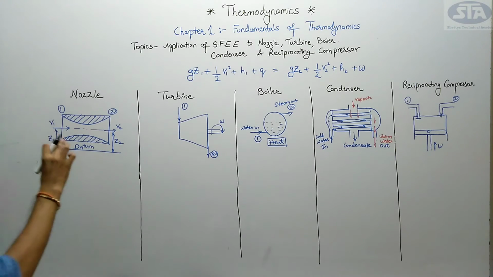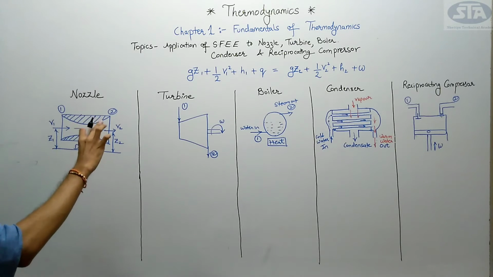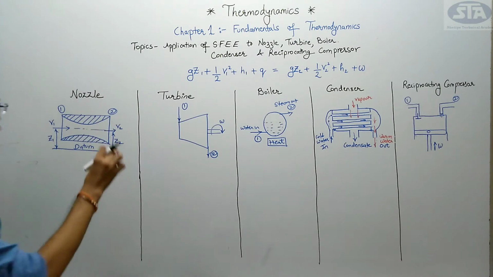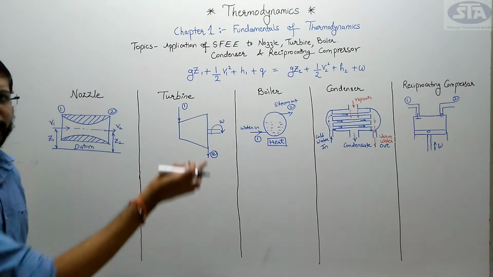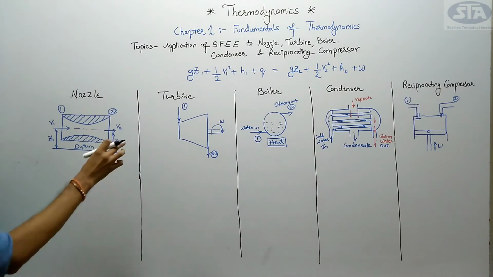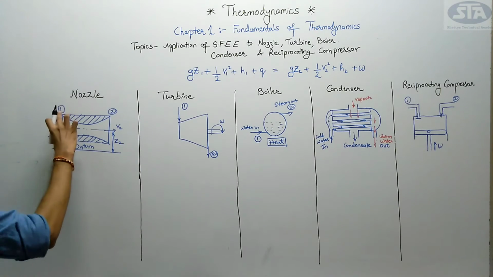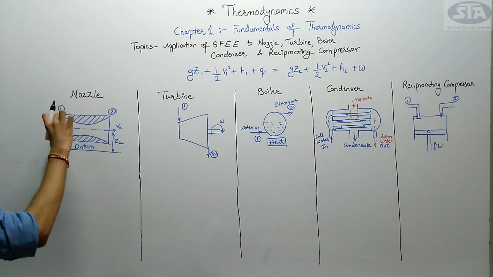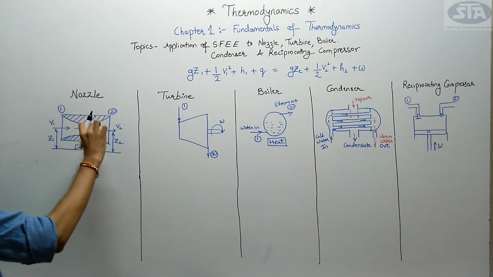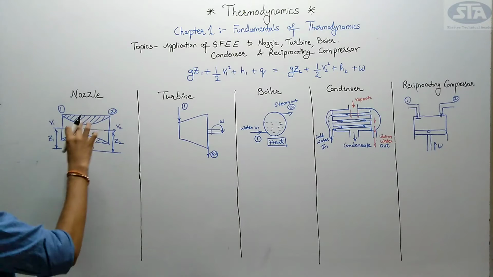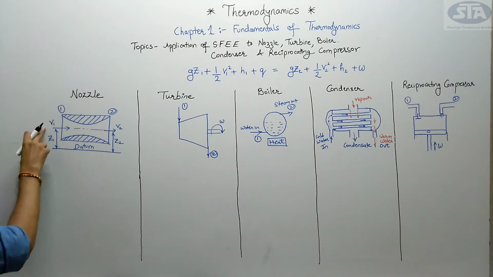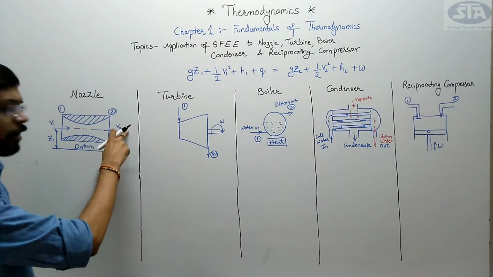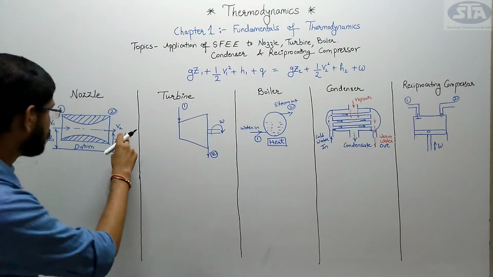A nozzle is a device having a varying cross-sectional area which is used to get a high velocity jet at the exit point. See, the area at point 1 is bigger and it gradually decreases and then again increases. The velocity at point 1 I have denoted by V1 and velocity at point 2 by V2.